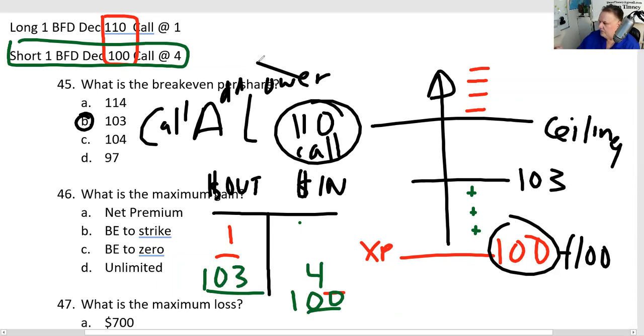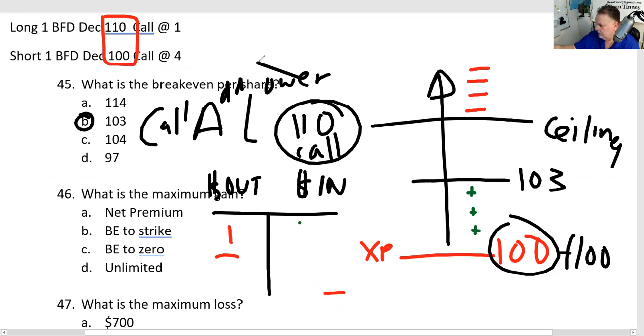Now, what is my maximum gain? The maximum gain, whenever you sell an option contract, is that contracts expire, and you get to keep the money.